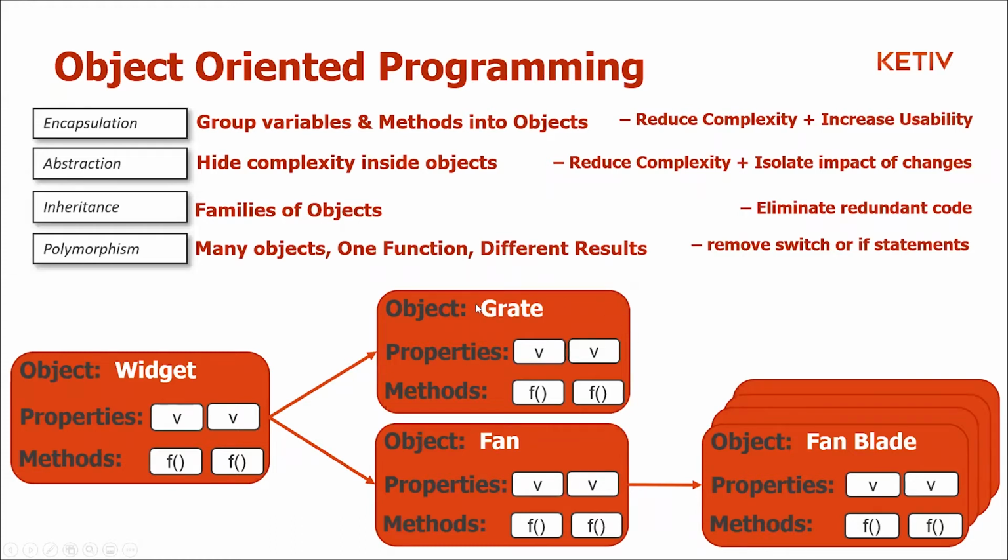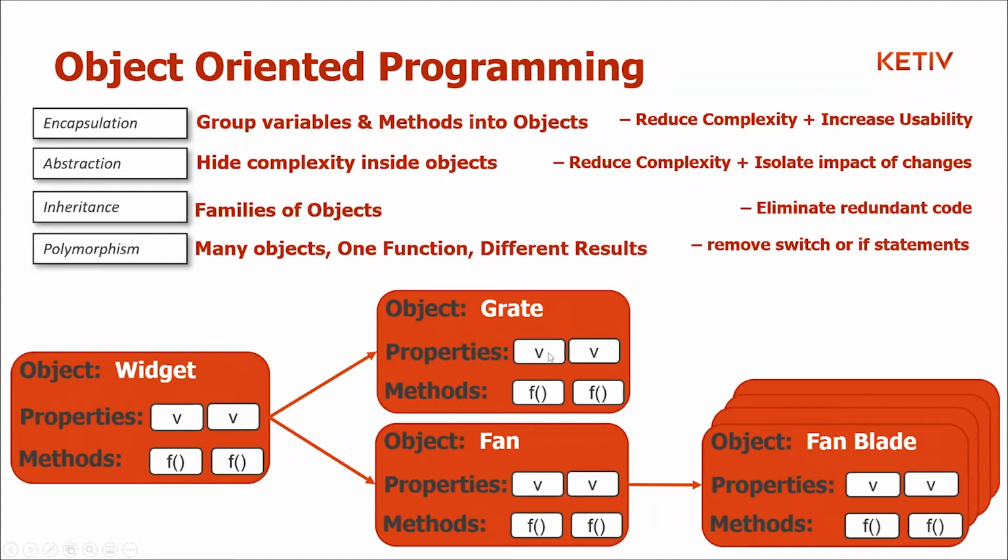Here we could use the parts as good excuses to make 2 classes. So we have the grate class and the fan class. Those would be classes, and when we made instances of them, they would be objects, so class objects.